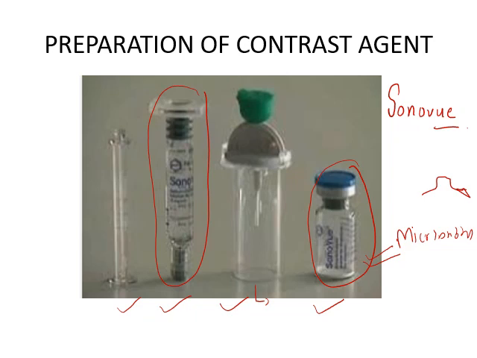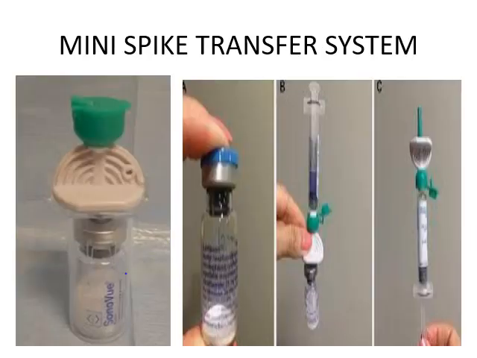Moving further on the next slide. This is nothing but a mini spike transfer system. As I already told you, the vial consists of the powder, and the powder is basically the microbubble contrast agent. We already have some normal saline present in this mini spike transfer system. So we put it inside and then shake it, and then we prepare this.